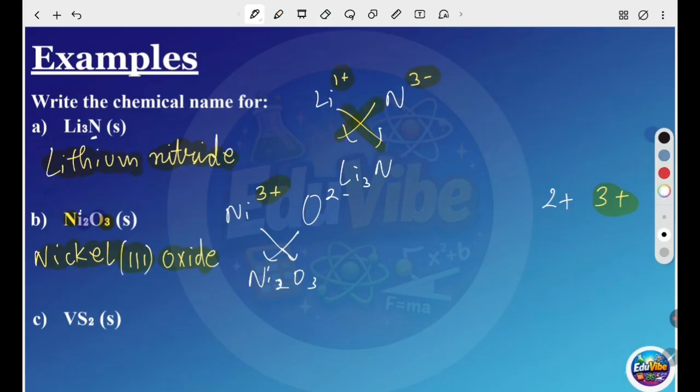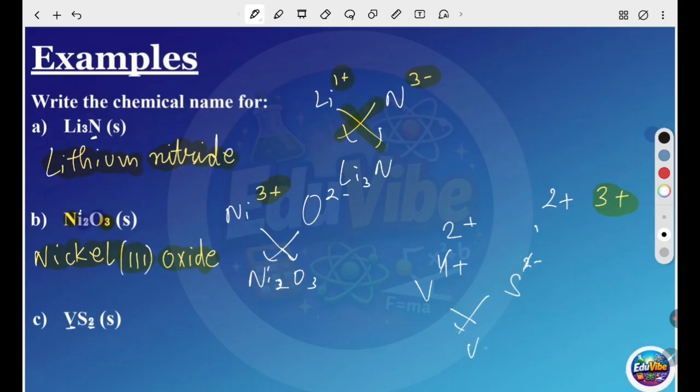So next one is vanadium. V is vanadium, and the formula is VS2, and vanadium has a charge of 4 positive on it. Why is it 4 positive? Because the sulfur has a charge of 2 negative. So if we have a common factor for both charges, we have to cut it, from 1 and 2, so we get 2 positive for this.